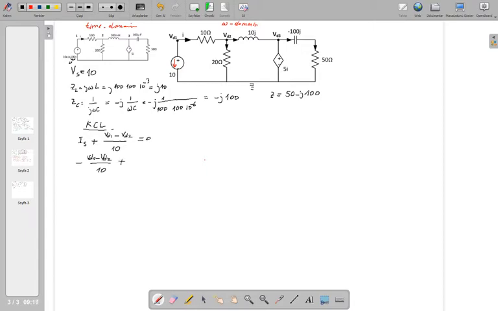So plus VD2 over 20 is that current. What about this current? The sign is positive because it is coming out of the node. And the voltage of this element is VD2 minus VD3, so (VD2 minus VD3) over 10j is this current, the inductor current. So there are three elements connected to that node, and I've got three terms in my equation, so it is equal to 0.